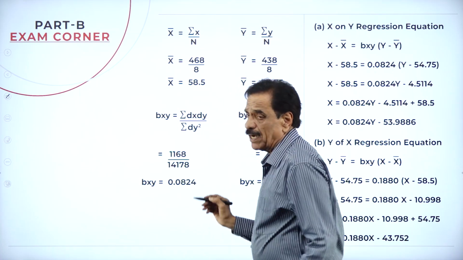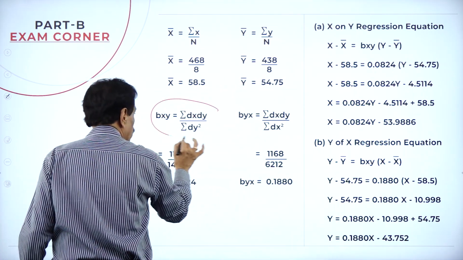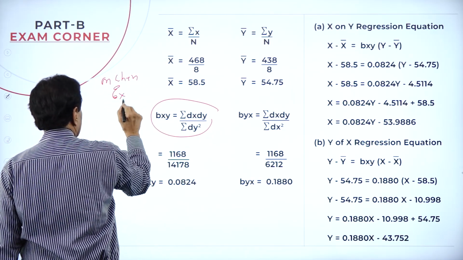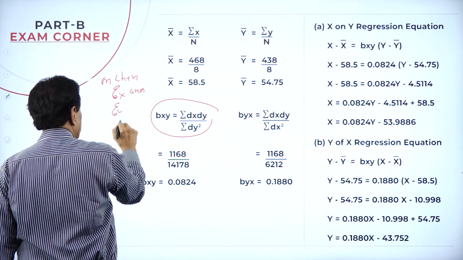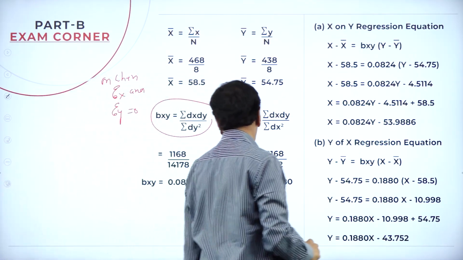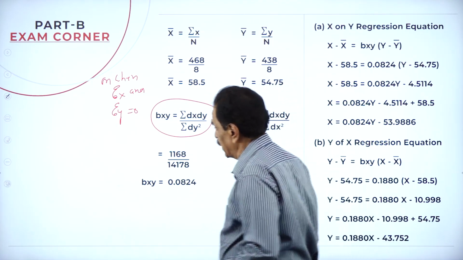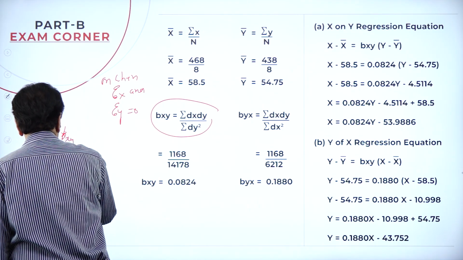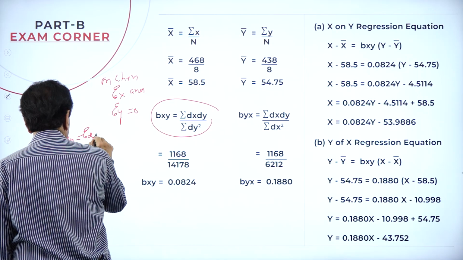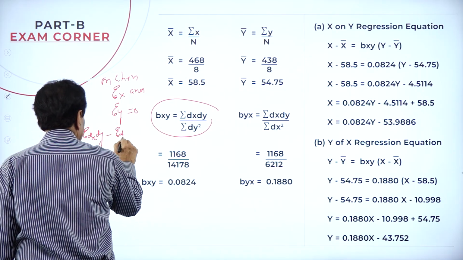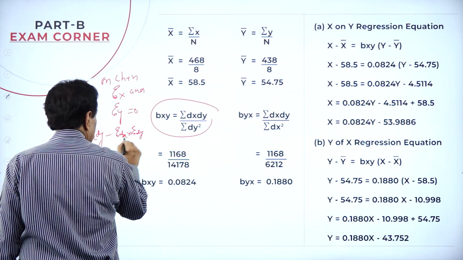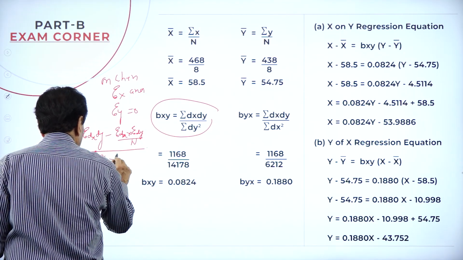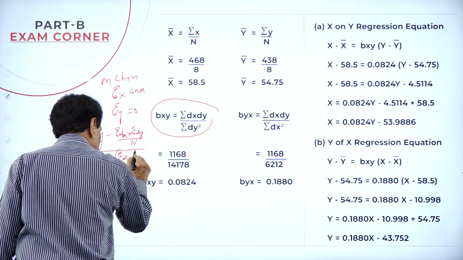So when can this be applied? This can be applied only when sigma dx and sigma dy are 0. If it is not 0, then the regular formula: x minus x mean, bxy equals sigma dx dy minus sigma dx into sigma dy divided by n, divided by sigma dy square minus sigma dy whole square divided by n.